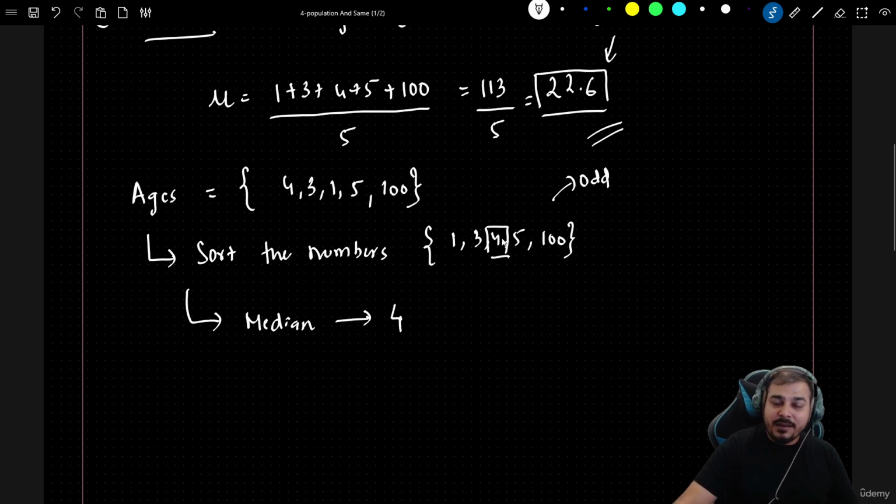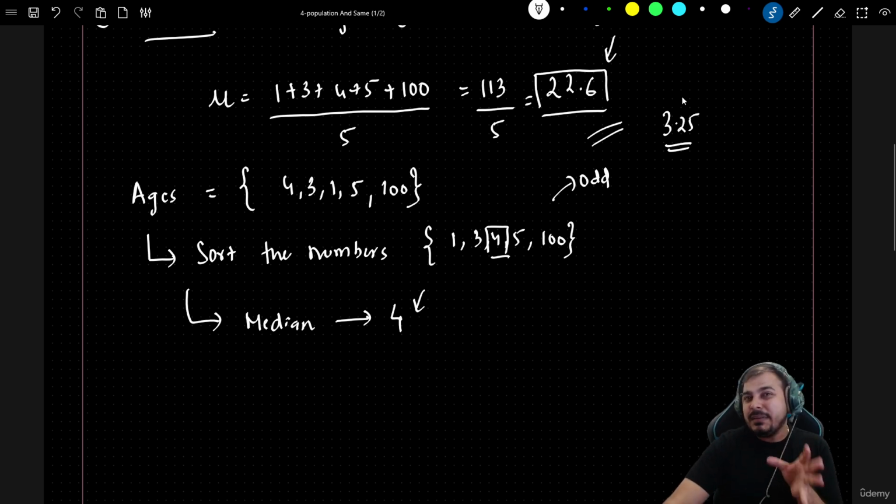Now when my earlier mean was somewhere around 3.25, even by adding an outlier like 100, if I get a median of 4, it's still not impacted much, because the previous mean was 3.25. It's just a small change, right? So the median in short will help us overcome outliers, and it will not impact the distribution with respect to the measure of central tendency. This is very important.